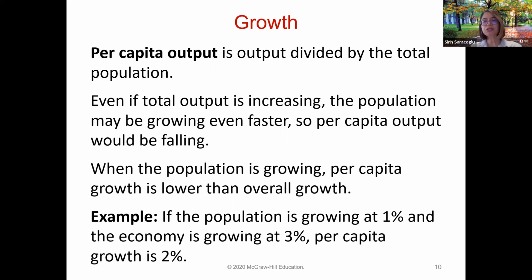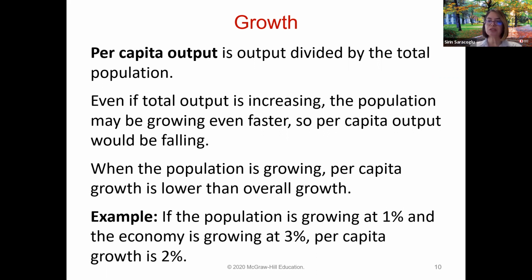So when the population is growing, you need an increase in the real output at a higher rate than the population growth rate. For example, if the population is growing at 1% per year, and the economy is growing at 3% per year in real terms, the per capita growth will be 2%.